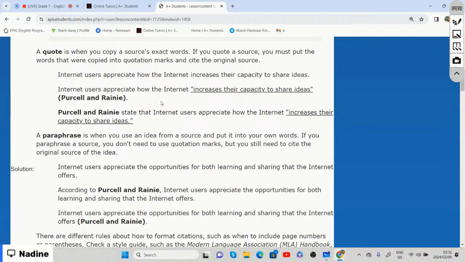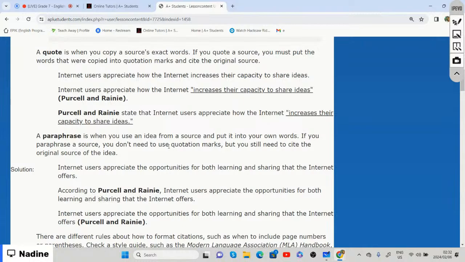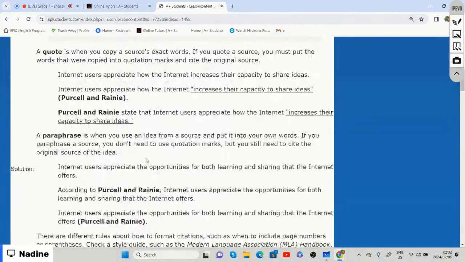And if you quote a source, you must put the words that were copied into quotation marks and cite the original source.